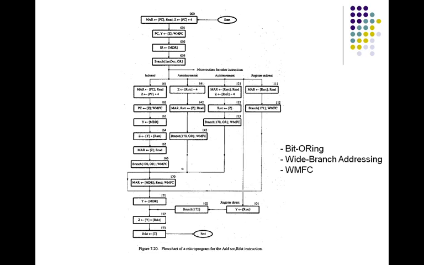Now consider the point which is labeled with alpha in this particular figure. At this point it is necessary to choose between the actions required by the direct and indirect addressing modes.